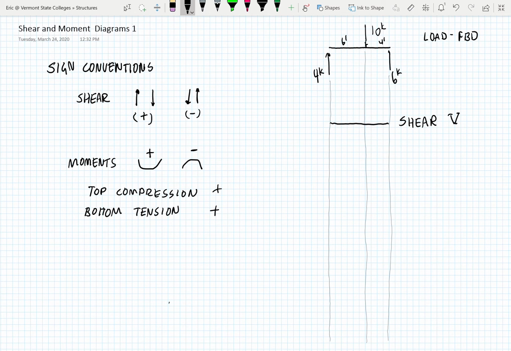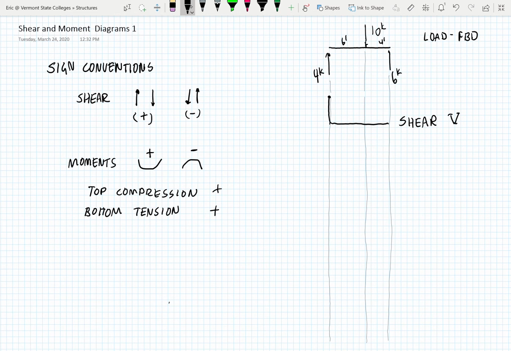So what we're going to do is take our eye and go from left to right. The first thing we see going from left to right is a 4 kip load right at the beginning.